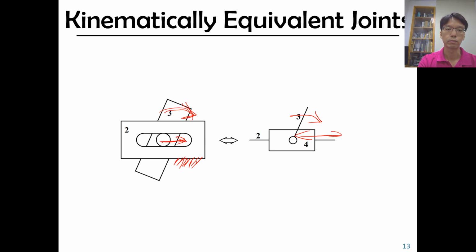So you may use this one to replace this one. They can replace each other, depending on your applications. And kinematically they are the same.